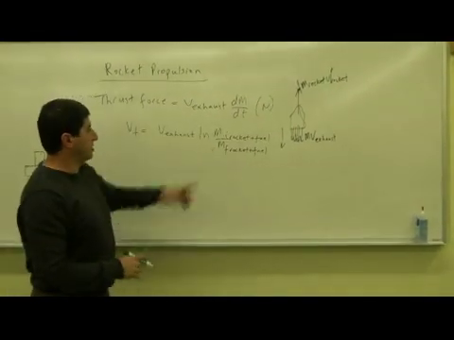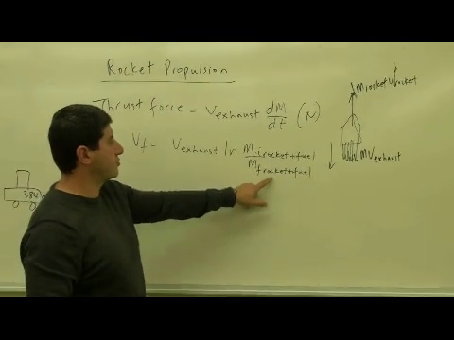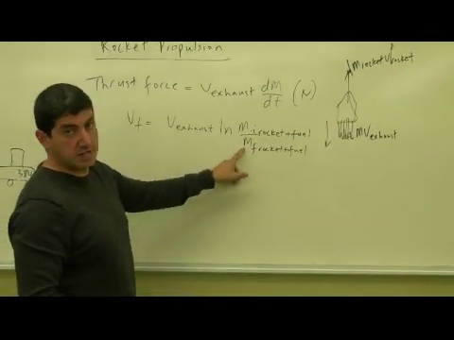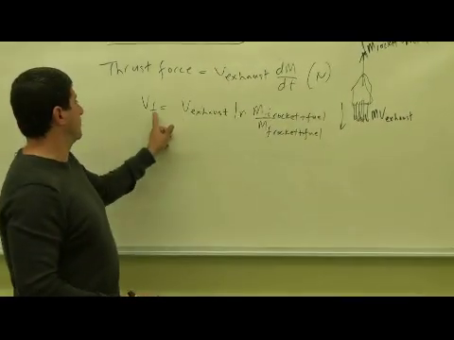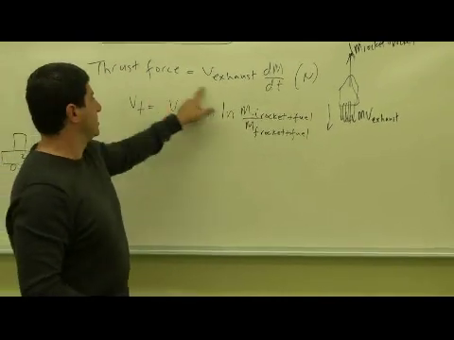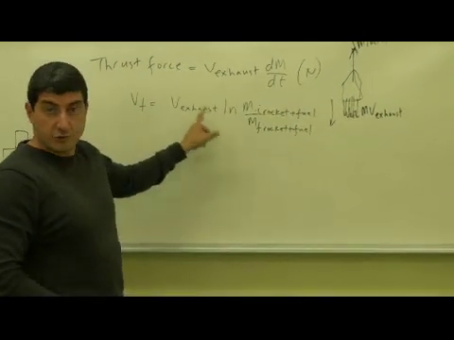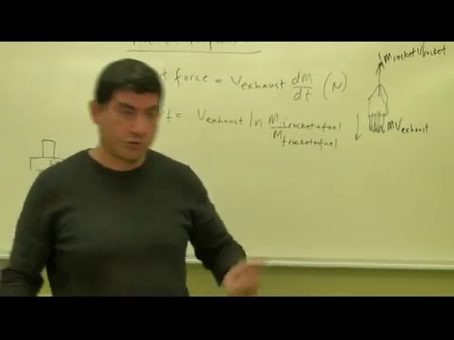Okay? Of course, the initial mass of the rocket plus fuel is going to be larger than the final mass of the rocket plus fuel. When you take the natural log of that, you get a number greater than 1. And so the final velocity of the rocket is greater than the velocity of the exhaust. Of course, it helps if the velocity of the exhaust is also fast, like the jet is coming out quick.